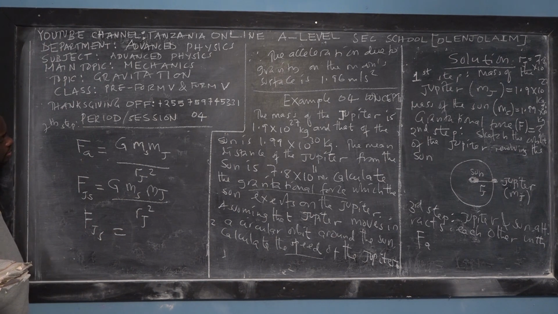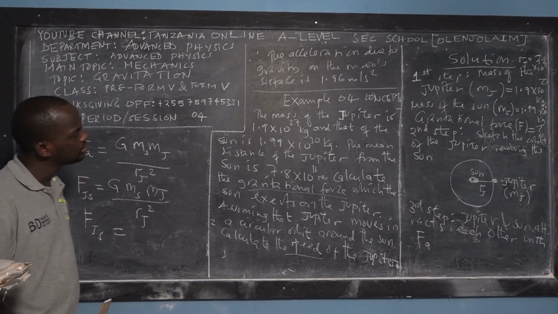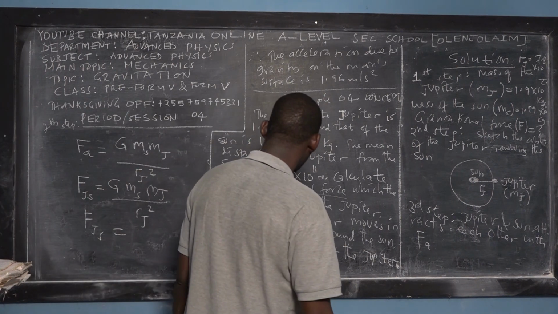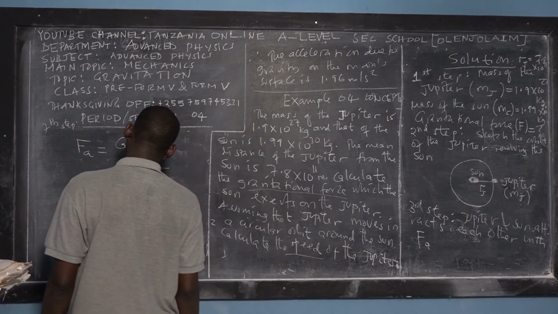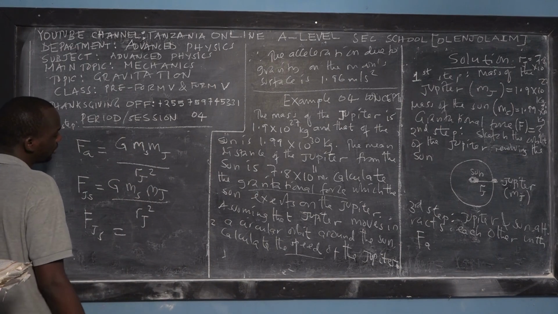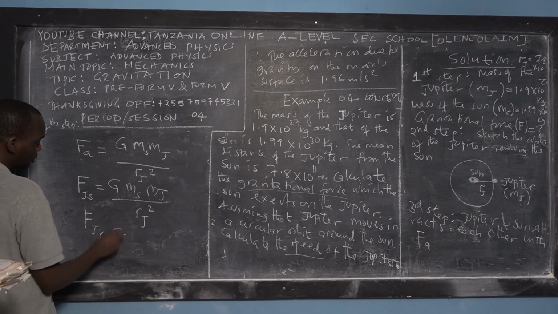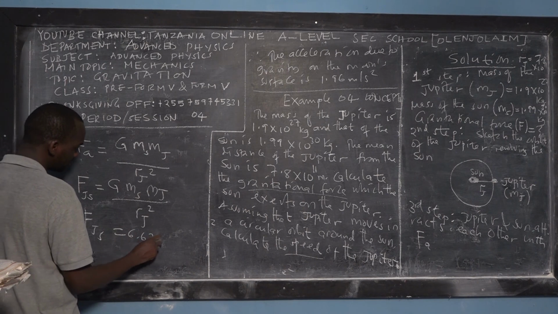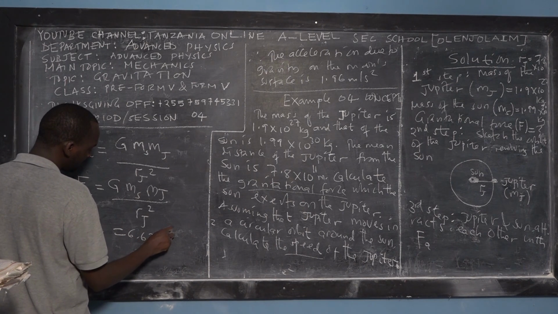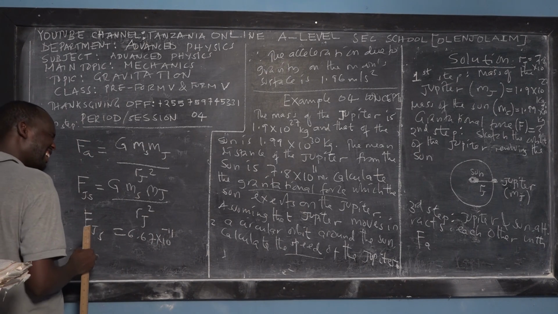So the universal gravitational constant is not even mentioned, but we know this value. The mass of the Sun is known, so G is 6.67 × 10^-11.